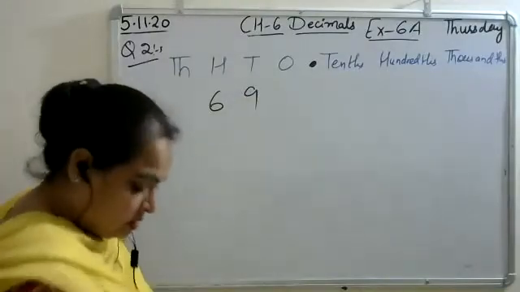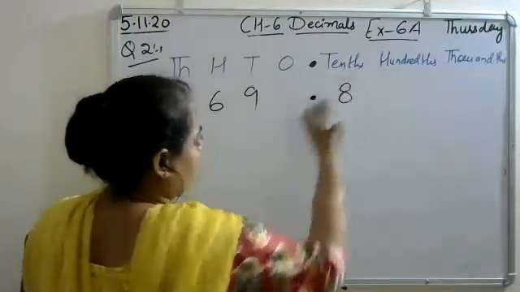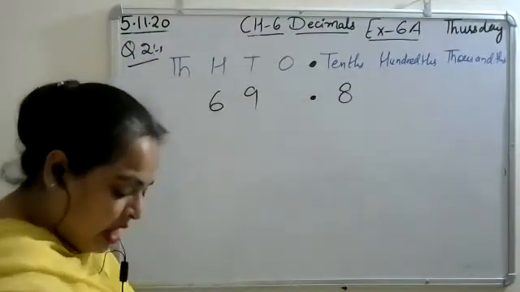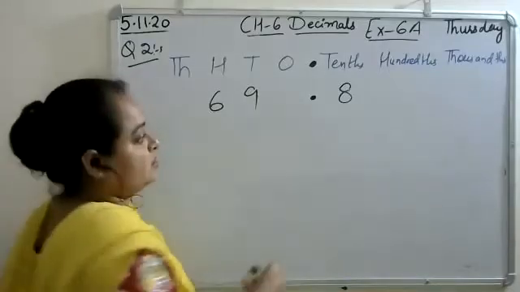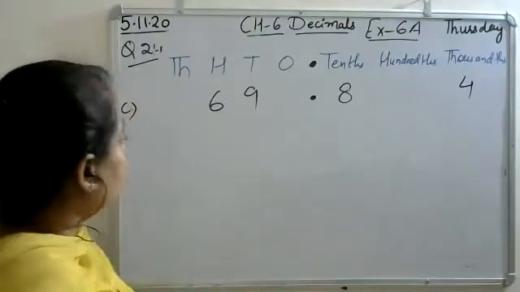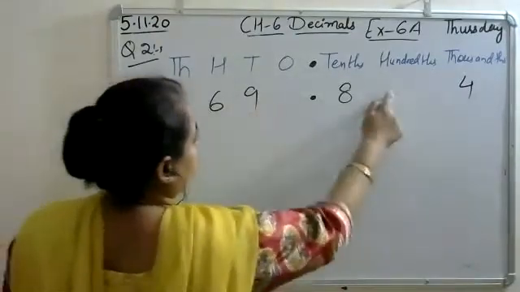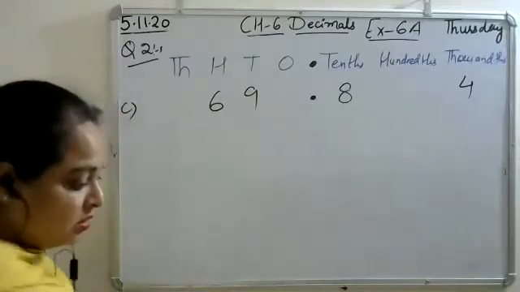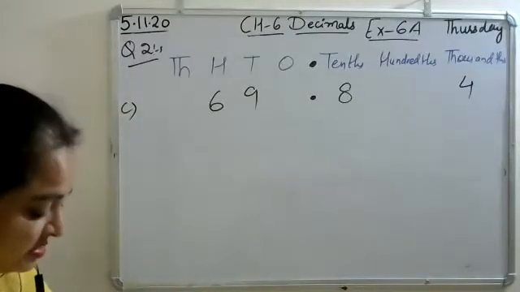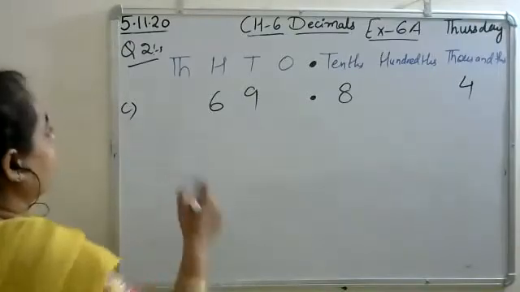Then decimal, 8 tenths and 4 thousandths, this is. And these vacant places filled by what? Tell me. Very good, Mehak. 0.